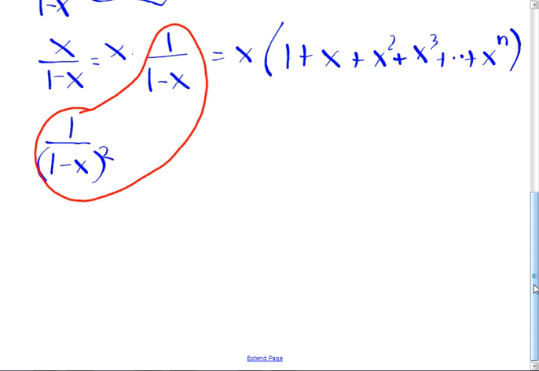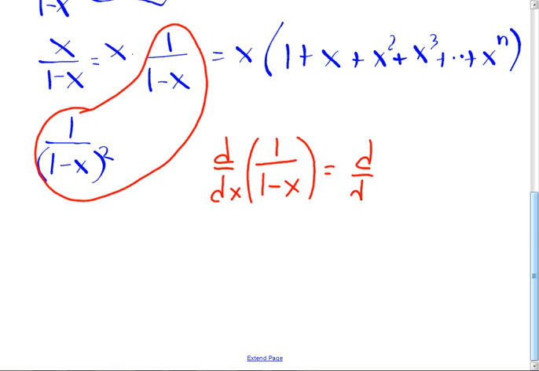Now, what's calculus involve? Derivatives and antiderivatives, right? How is this related to this one? What if you took the derivative of 1 over 1 minus x? Well, I'm not even going to do it that way. I'm going to use the power rule. And I'm going to make this 1 minus x to the -1, because that's easier. You can use quotient rule.